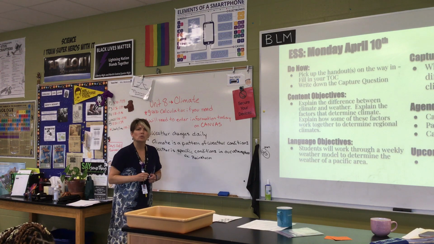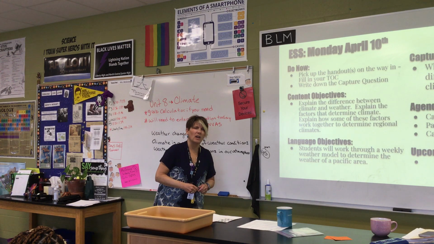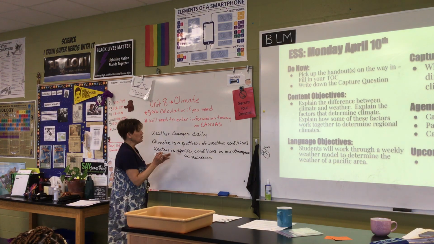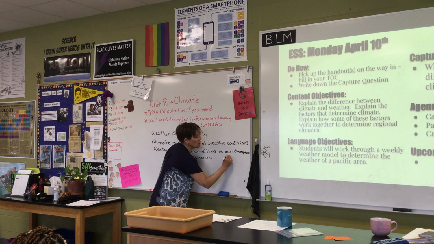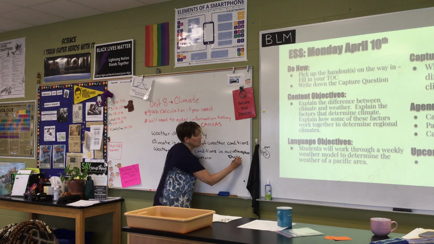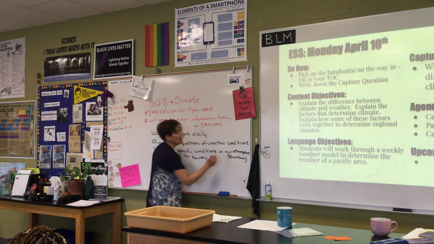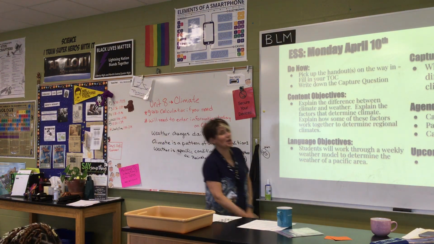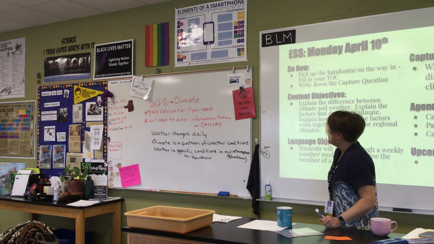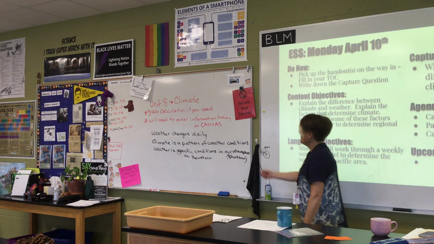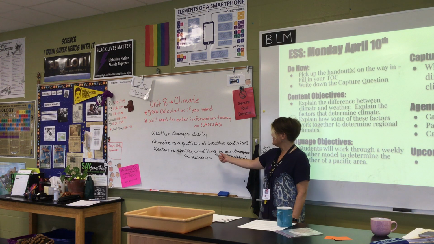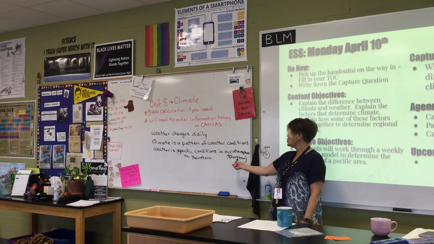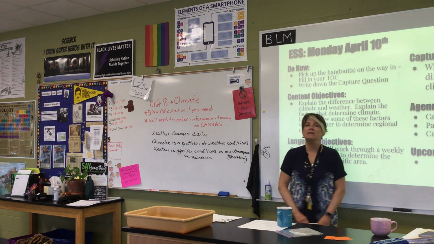So how long does a rainstorm last? 23 years? Like a few hours. A few hours. So it's short term. Especially in Iowa, they always say, if you don't like the weather in Iowa, wait a minute and it'll change. So weather changes daily. Climate is a pattern of weather conditions. Weather is specific conditions in our atmosphere. It's very short term, for example, like a rainstorm.